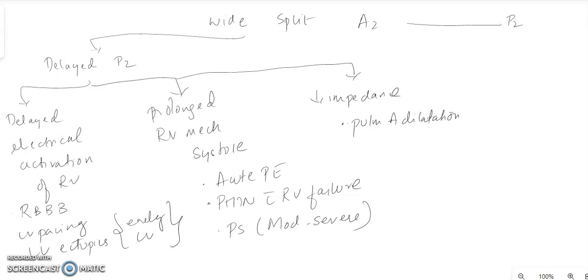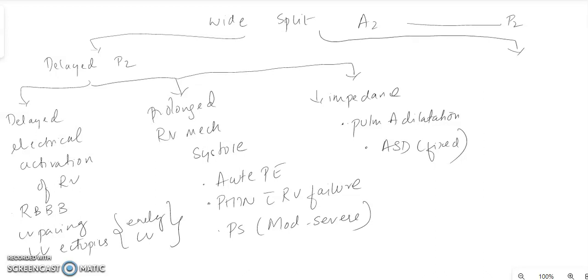Next, impedance is also decreased in ASD, as well as there is prolonged blood flow from the shunt from LA to RA. So RV flow is increased and the RV ejection time is increased. This prolonged RV ejection time results in delayed P2, and the split is fixed due to lack of respiratory variation due to shunting.